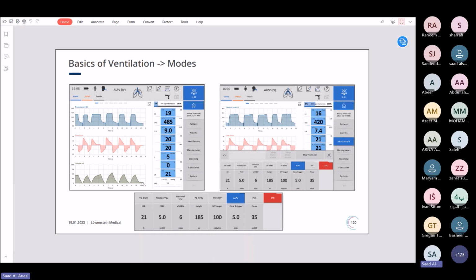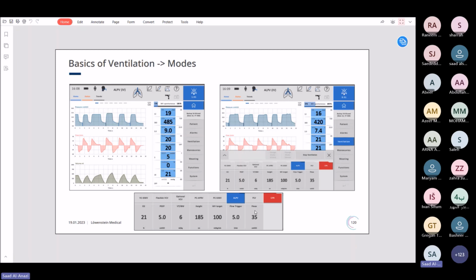You can see here for the mode, we have the adaptive setting, where you need to select how many mL per kg you need to ventilate the patient to apply the protective lung strategy. For example, you need 6 mL per kg, and you need to have the height and the minute ventilation target.